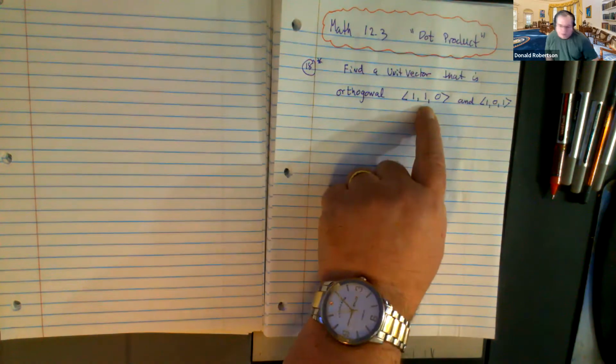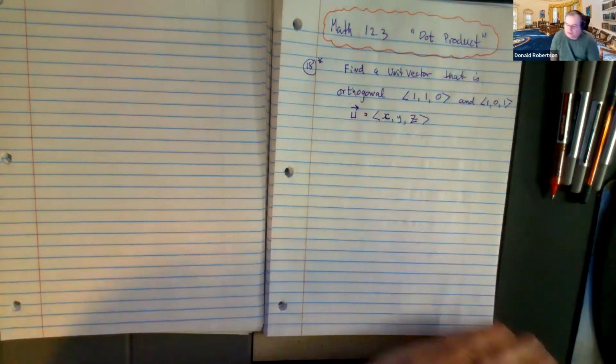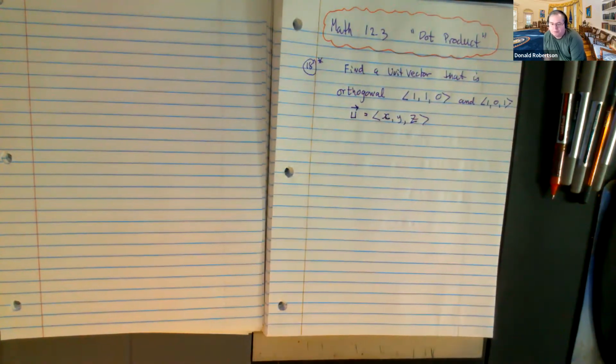So what we're going to do is say, if I don't know what something is, would it be reasonable to call it X, Y, Z? I don't know who you are, so I'm going to call you X, Y, Z. If I can find the numbers for X, Y, and Z that have all these properties, then I should be able to solve the question.